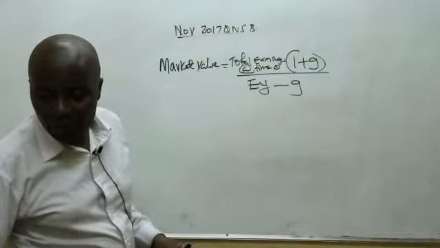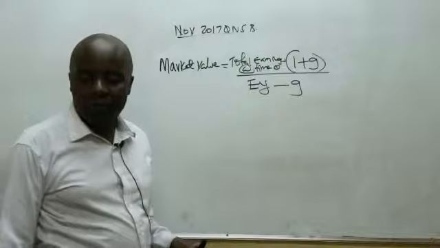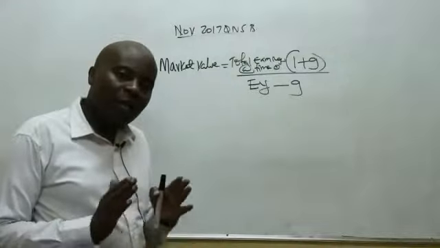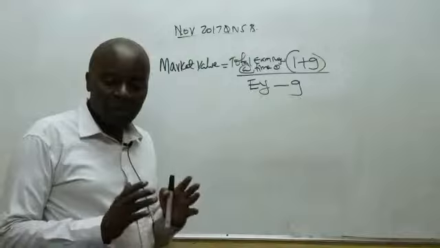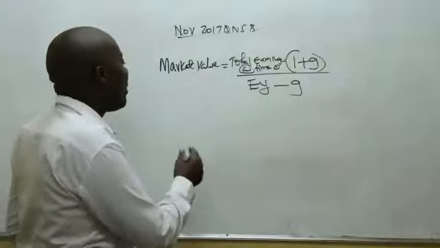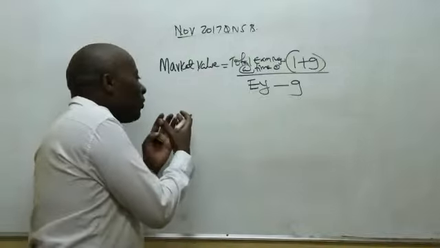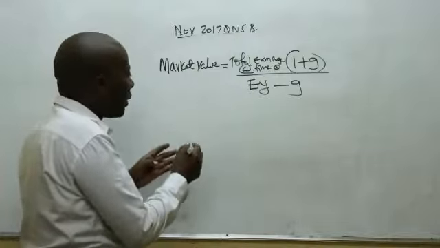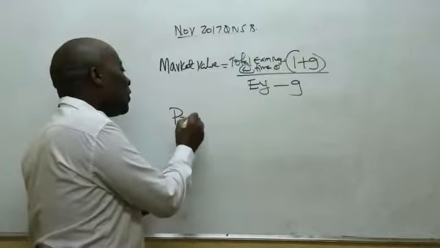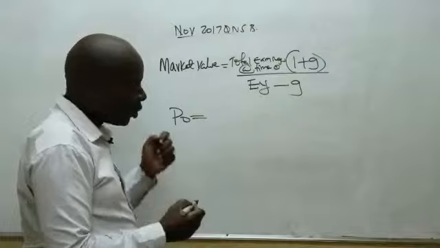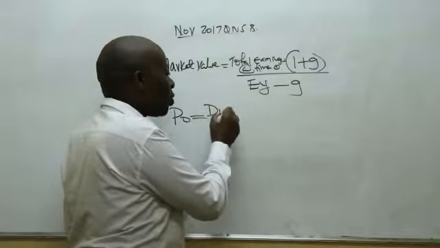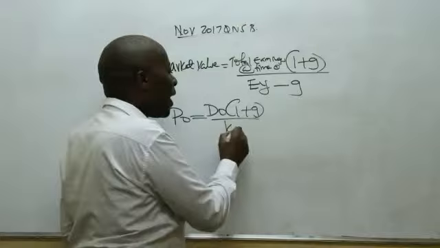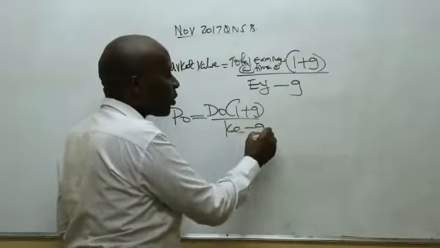What they would expect of us, whenever they talk of valuing an organization, is to remember the mother of valuation models. The mother of valuation models is this one here that talks of P0. P0 equals D0 into 1 plus growth rate all over cost of equity minus growth rate.